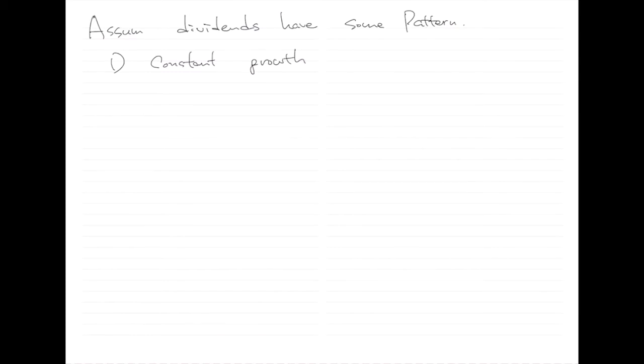In this case, G should be less than RS, right? G means dividend growth. So we can say the dividend grows forever at a constant rate. In this case, we can apply some formula, right?